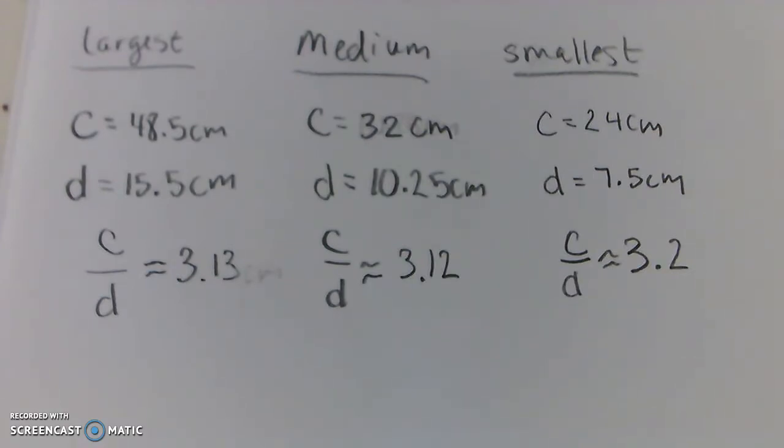Well, it seems that circumference divided by diameter is always this 3-ish number, and then students tend to recognize, oh wait, it's kind of close to that number we know, 3.14, which is the number pi. So yes, there is this constant relationship between the circumference and diameter. When I say constant, I mean it's consistent, I should say, throughout every circle.